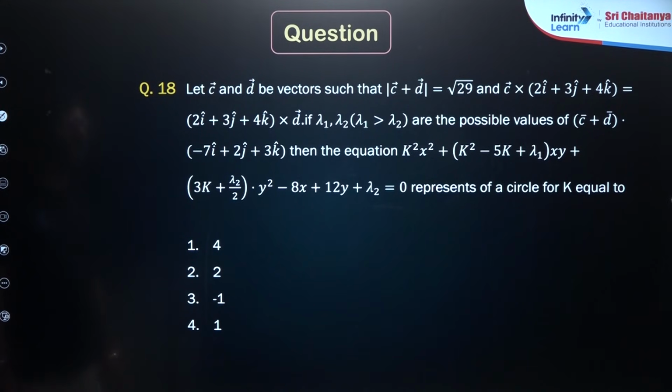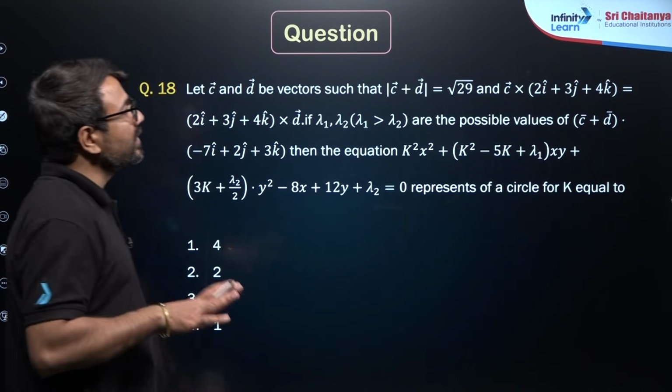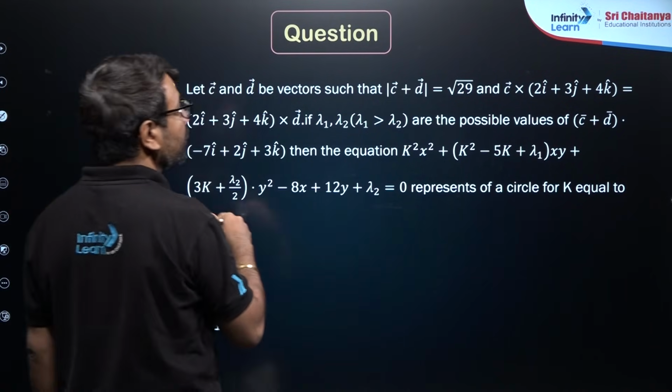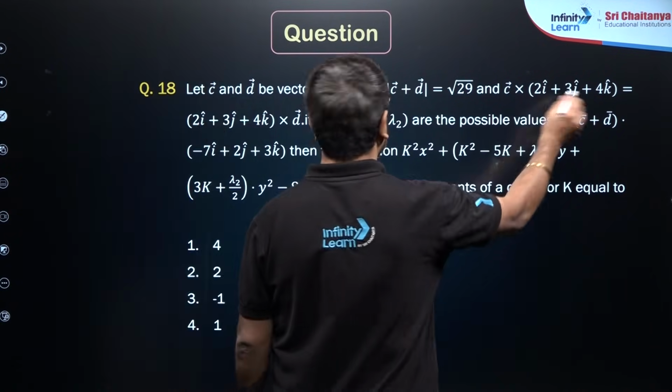Now for the vectors C and D, they have given the magnitude of C plus D as root 29, and C cross this. Okay, so let's say this is 2, 3, 4.